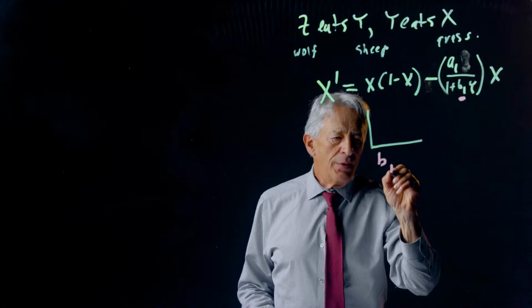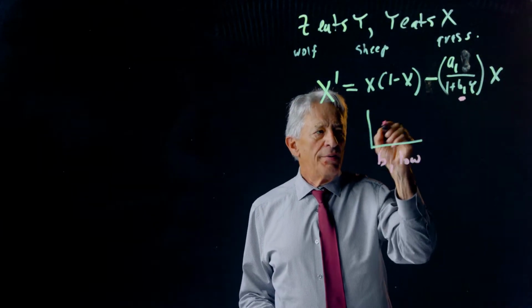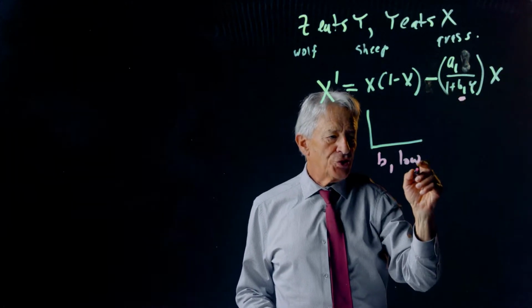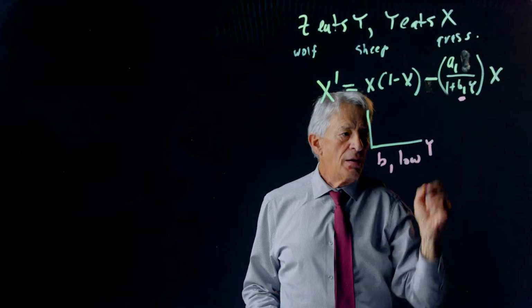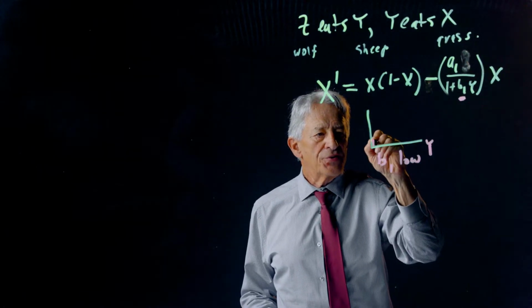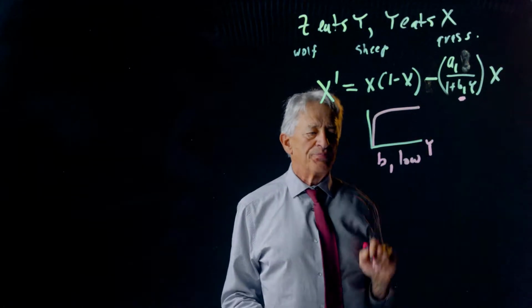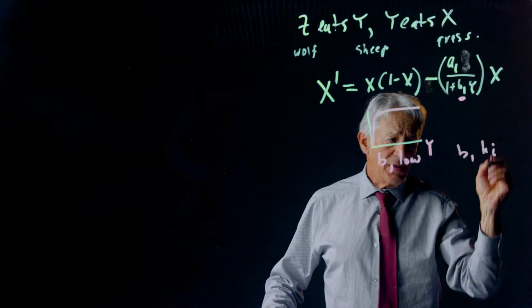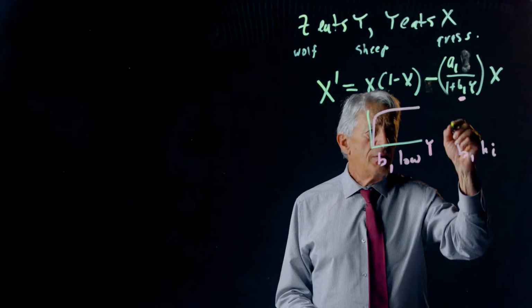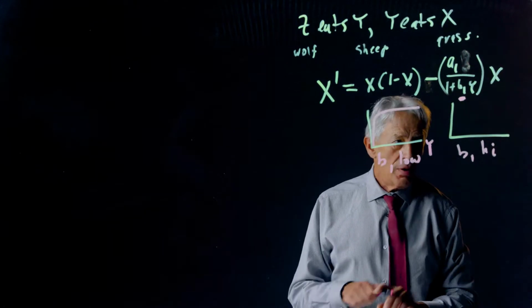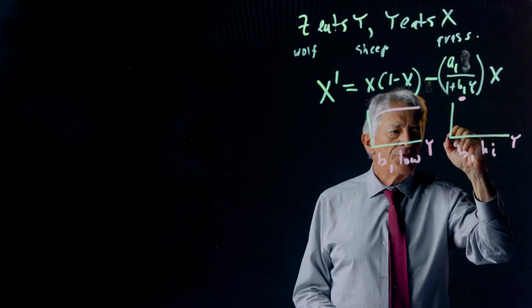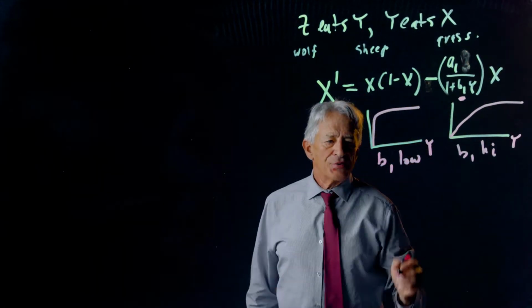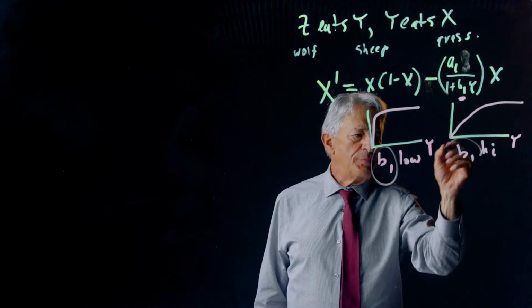If B1 is low, then this function as a function of Y is going to look like this. It's going to saturate very fast. Whereas if B1 is high, then the same function as a function of Y is going to saturate much more slowly. And so our control parameter is going to be B1.